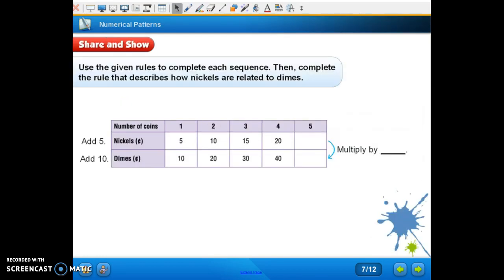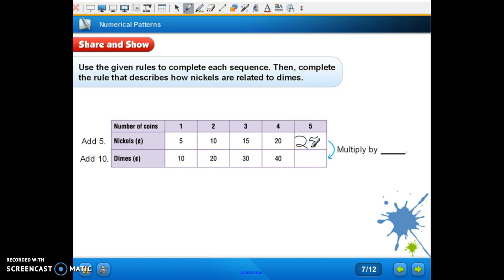Okay, this is the share and show on page 389. It says use the given rules to complete each sequence, then complete the rule that describes how nickels are related to dimes. So it's saying add 5, okay, and we want nickels to dimes. So nickels is first this time. So if I add 5 to 20, what do I get? 25.